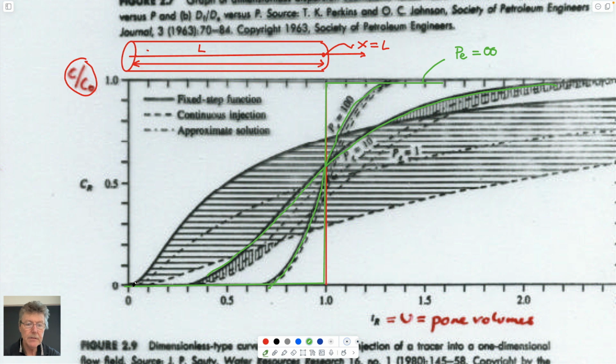And if the Peclet number is equal to 1, which is this one, then it means that if we're looking at the concentration at this downstream location, even at time 0, after we've just started doing it, we get some breakthrough at some low concentration.